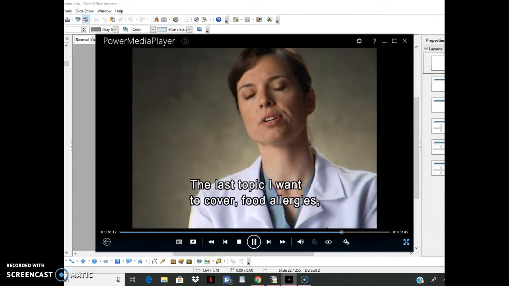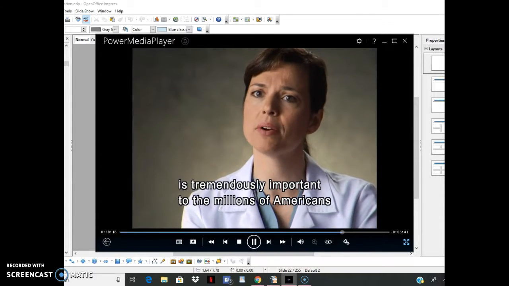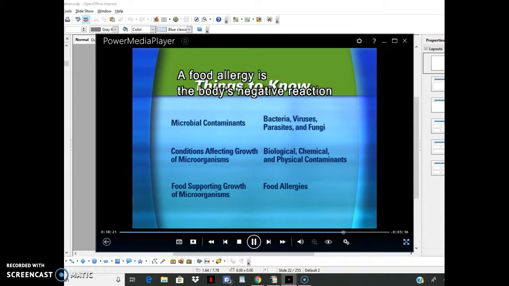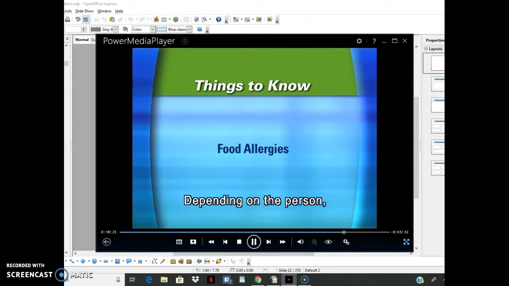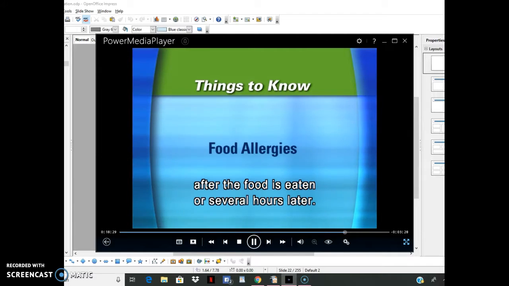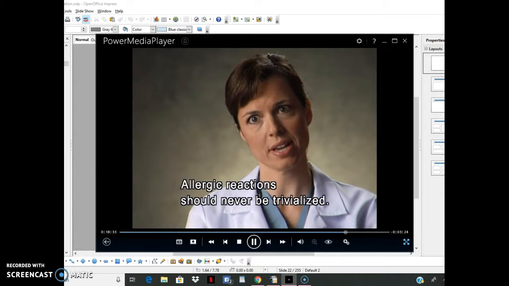The last topic I want to cover, food allergies, is tremendously important to the millions of Americans who suffer from them. A food allergy is the body's negative reaction to a particular food protein. Depending on the person, allergic reactions may occur immediately after the food is eaten or several hours later. Allergic reactions should never be trivialized.